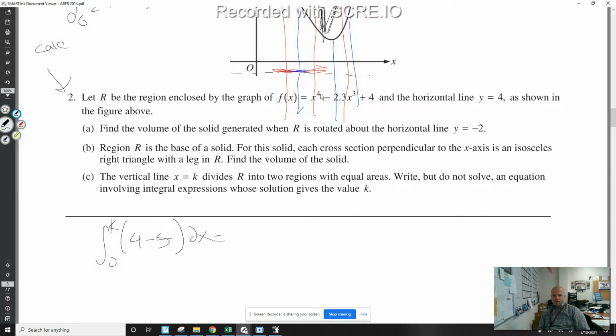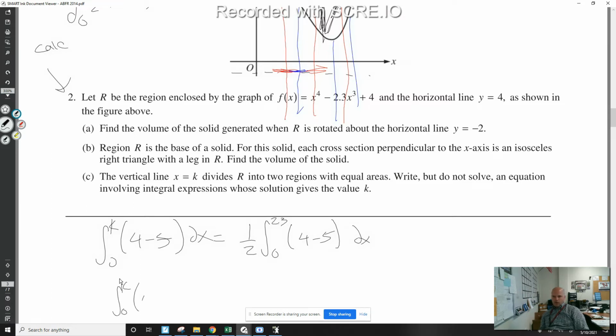Now, we haven't even found the area. You don't have to find it. You could literally say half the overall area is half of the integral from 0 to 2.3 of 4 minus f dx. That's fine. There's an equation with integrals that we can solve.